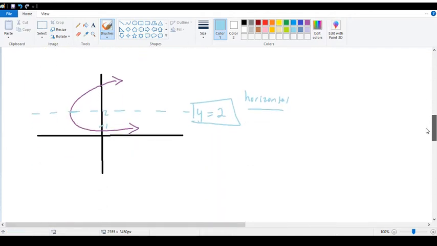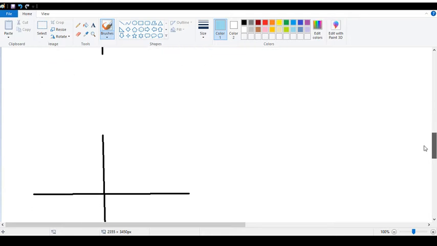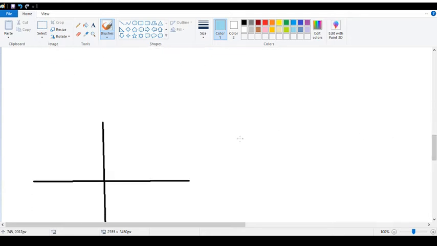Alright. The next thing we need to look at is whether the actual graph is positive or negative. So let's say that I have a parabola that looks something like this. Alright. I need to know when the graph is positive.